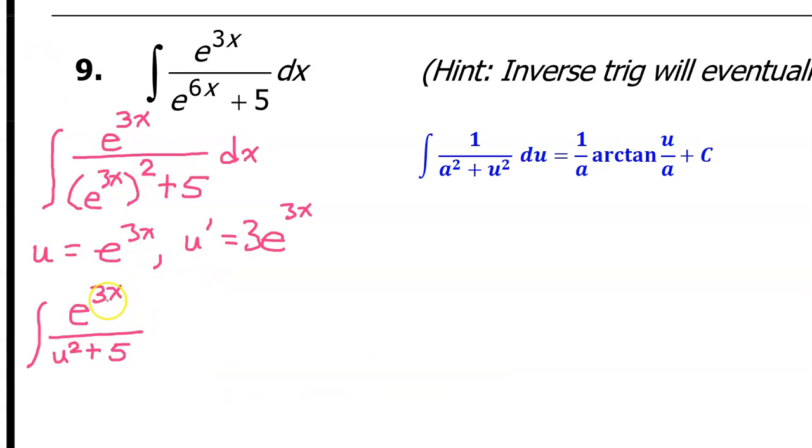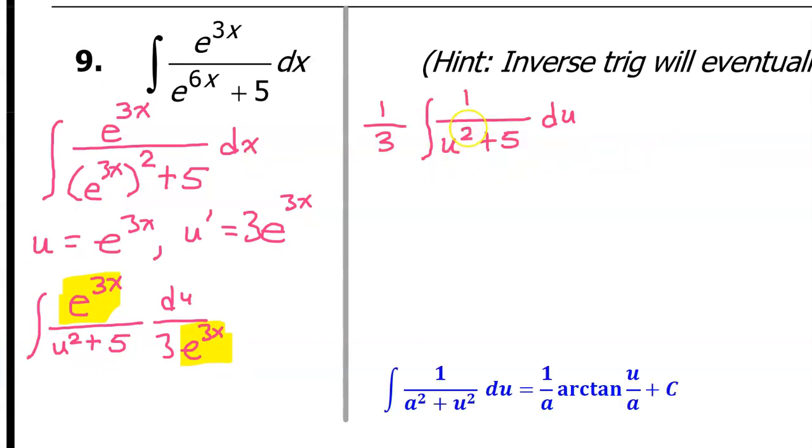We have e to the 3x over u squared plus 5. Instead of dx, we will write du over u prime, which is 3e to the 3x. Aha! We have e to the 3x in the numerator and in the denominator. So these will cancel out and they are gone. On the next step, this 3 in the denominator will end up as a 1/3 out in the front.